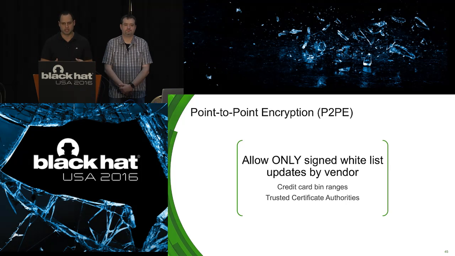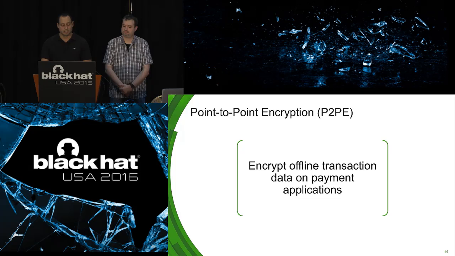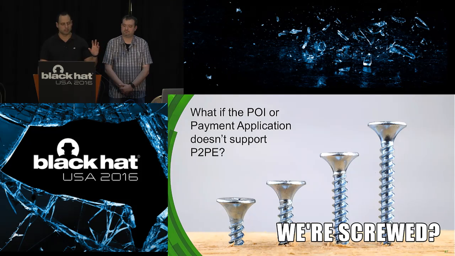And in some cases, you don't want to leave it open for attackers just to add the Visa and MasterCard bin ranges, so that they won't be encrypted at all as an exclusion. And the last time, we spoke about the offline stuff, so we need to make sure that even if you don't have online connectivity, you still have the encrypted blob on the payment application. So this is for the customers that have some power to face the point of interaction manufacturers.